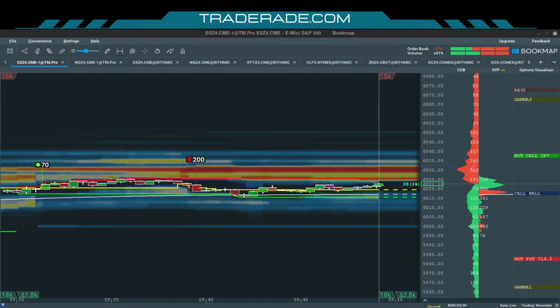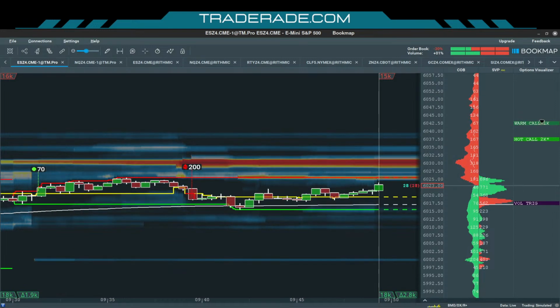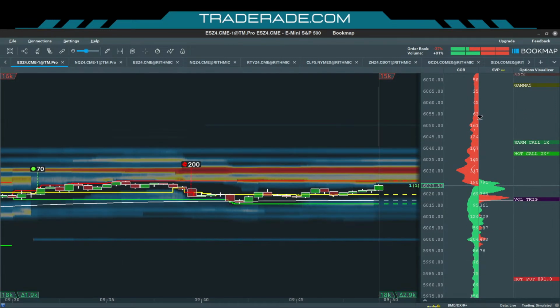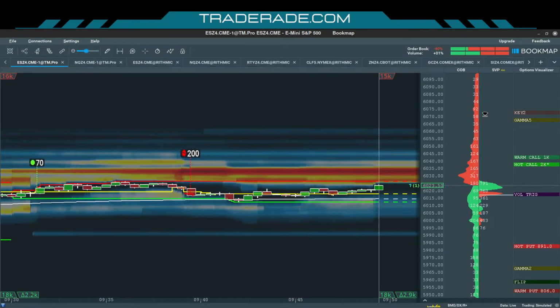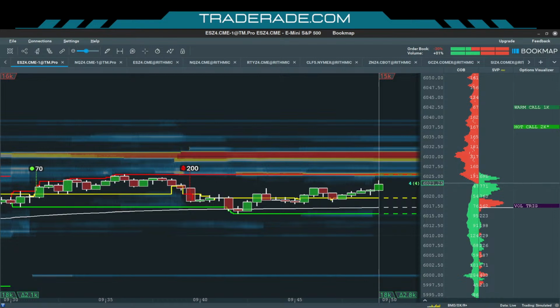Those are two really active areas on the chain this morning. And then the hot put, we're seeing more activity around 5950 and 5965. And we could see that flow growing in the calls versus the puts. So far, it is looking like buyers are going to try to take control of the price action during this session.